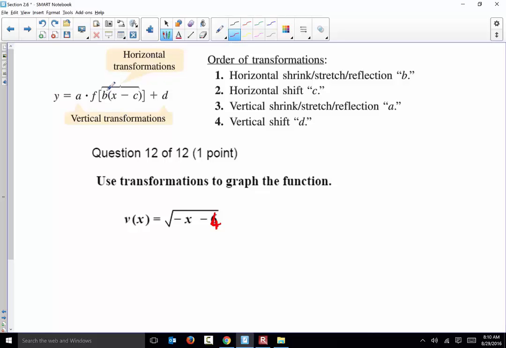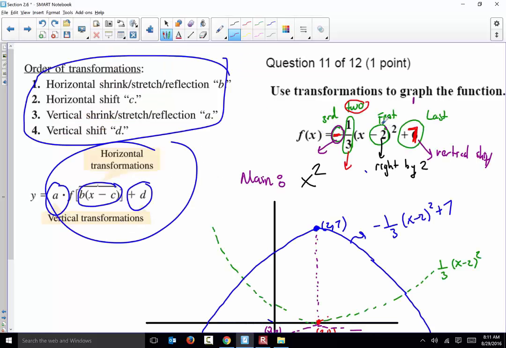Do you see if there is any number directly affecting x, they separated that x and that number with a parenthesis. If there are two transformations happening around x, you need to create a parenthesis first. That's extremely important. We didn't care about it in this question because there was only one transformation happening to x.